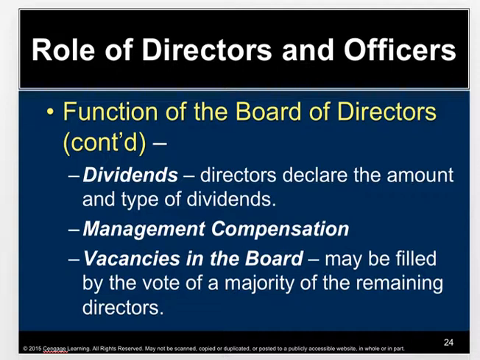What about vacancies in the board? They may be filled by the vote of a majority of the remaining directors. That's usually the case. Again, the first thing you need to go to, though, is the bylaws. Many, many times the bylaws will tell you what happens when there's a vacancy in the board. And you could have a vacancy because somebody died, somebody resigned, or somebody was removed.